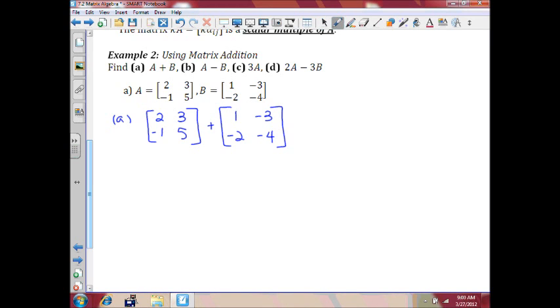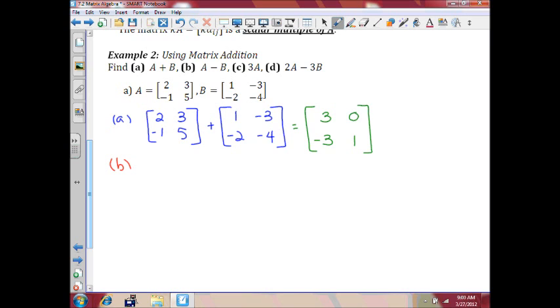I really don't know how much matrix mathematics you've done, but it's actually really simple. Since these are both the same order, a 2 by 2 and a 2 by 2, we can add them. We take 2 plus 1, which is 3, 3 plus negative 3, which is 0, negative 1 plus negative 2, which is negative 3, 5 plus negative 4, which is 1. So there's a plus b.